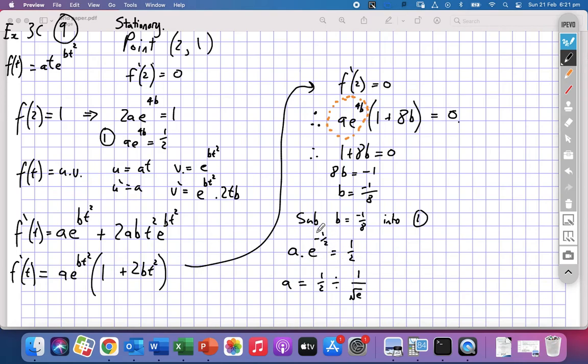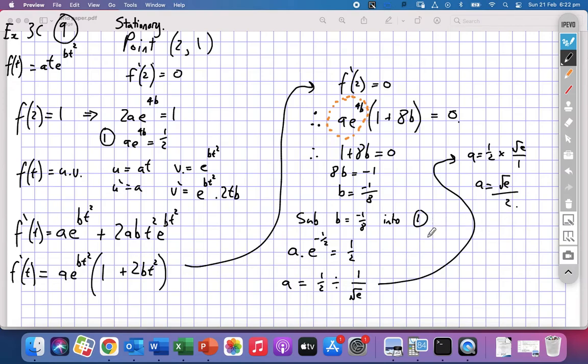And I need to divide by that to leave a. So over here, divide. Now, I'm running out of room. Maybe I can fit it in here. A equals a half times square root e on 1. A equals square root e on 2.